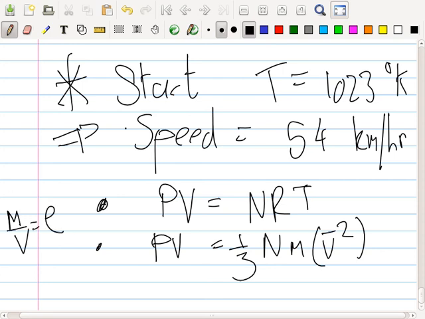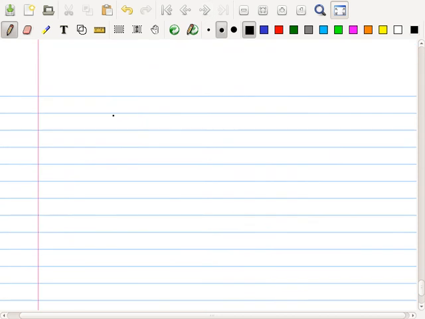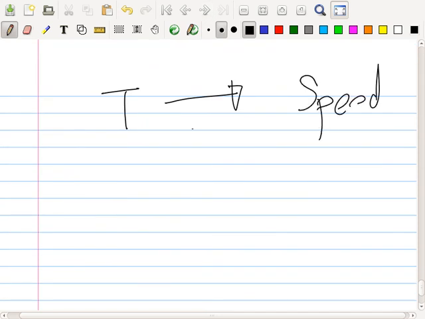These three together, I was able to tell you how fast the car is going if the temperature is 1,000 Kelvin. Or, if I told you the speed was 54, I could tell you the temperature was 1,000 Kelvin. I think that's cool. We're able to go from temperature to speed, and likewise, we could go from speed to temperature.